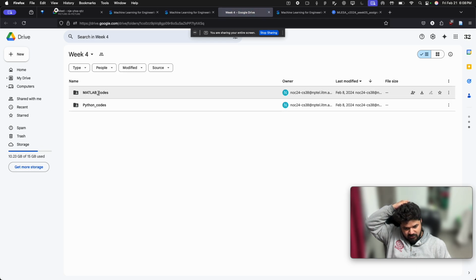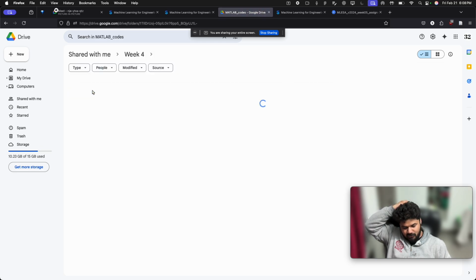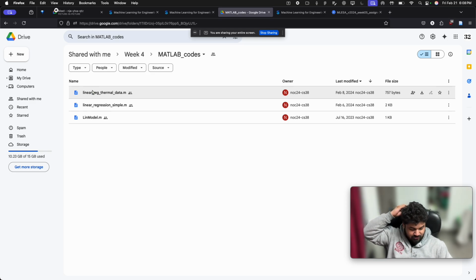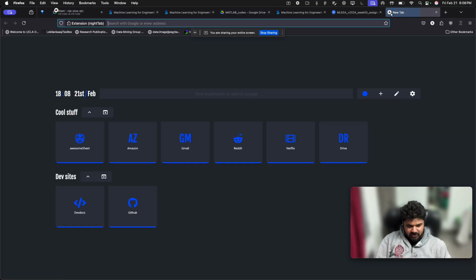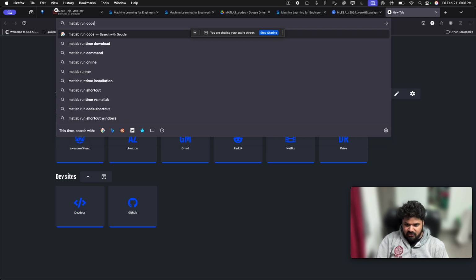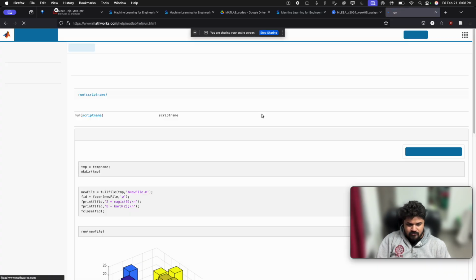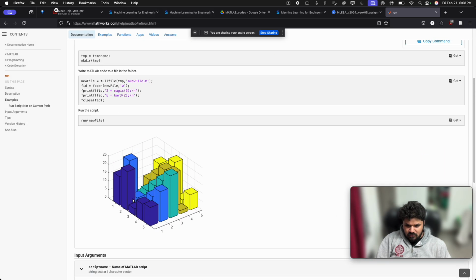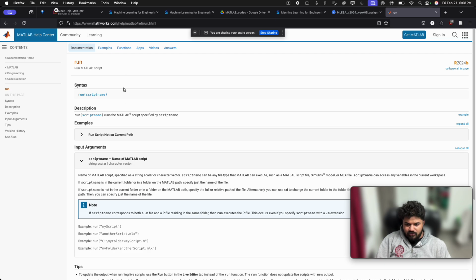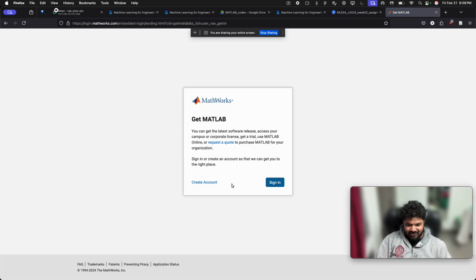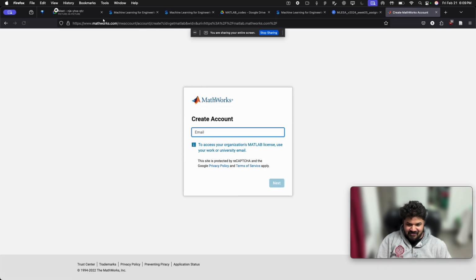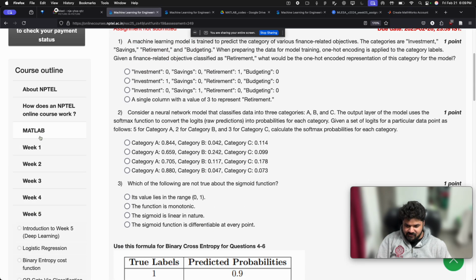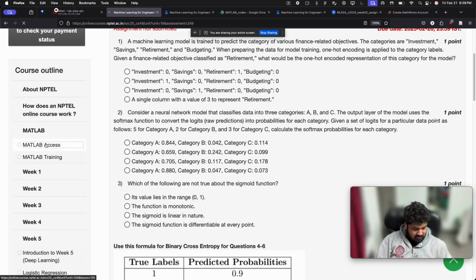I'm not a MATLAB user, so I will help you run the code, but just let me know how to run it. Where are you running it? MATLAB website. MATLAB run code. I don't know how we run it. I don't have the key as well, so you might have to help me with that. Okay, this one, MATLAB Access.